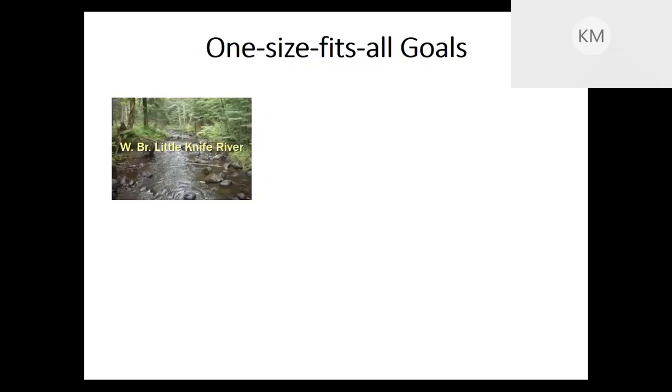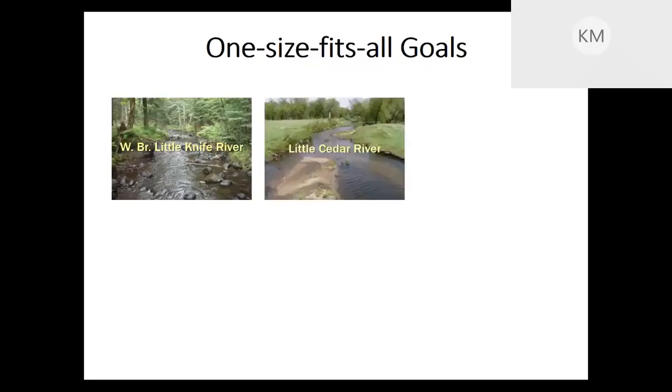They're pretty close to natural conditions, doing much better than that general use goal, well above BCG level 4, so they're well exceeding our general use goals. Other streams like the Little Cedar River are in an agricultural watershed but doing pretty well, just above that threshold. So maybe that general use goal works okay for this type of system.